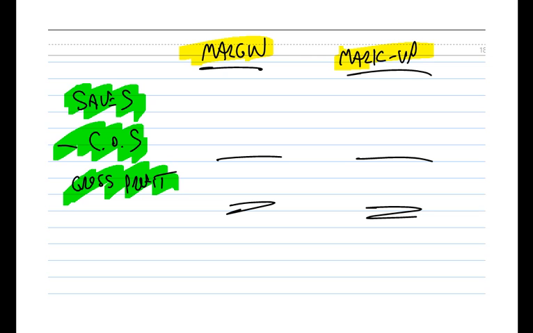Now, the way I always remember it is I try to remember what margin and markup are short for. Margin is short for margin on sales. And what that means is whatever your margin is, so the example we're dealing with gives us a margin of 20%, that means that the gross profit is 20% of something. And if it's a margin on sales, it means it's 20% of the sales figure.